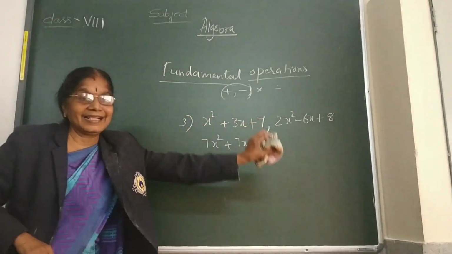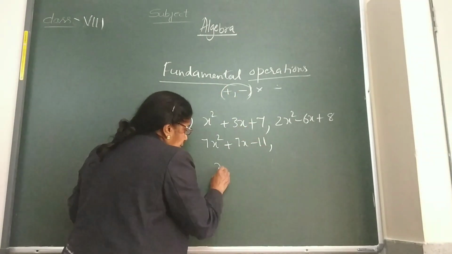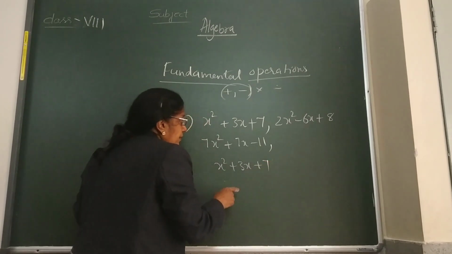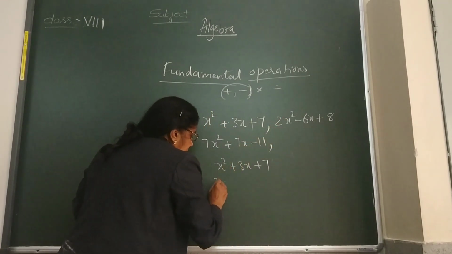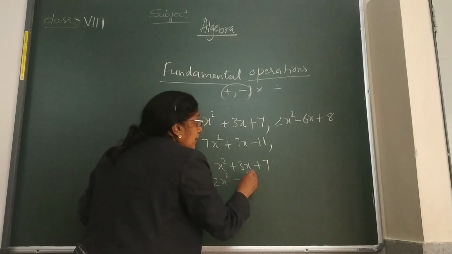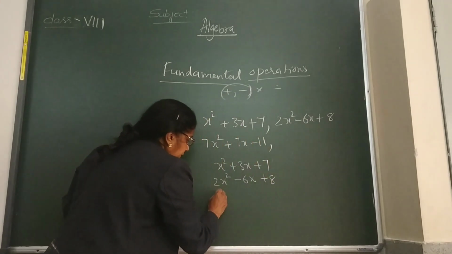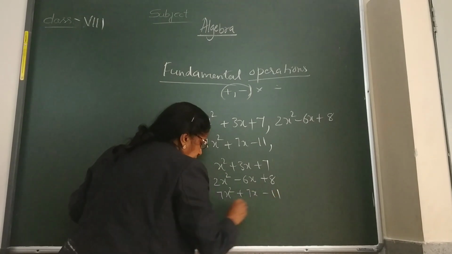I want to add these. I will take the vertical way. First I will write x square plus 3x plus 7. Below that, the next expression: below x square, x square will come, below x, x will come, and below the constant, the constant will come. Now the third one, x square plus 7x minus 11.